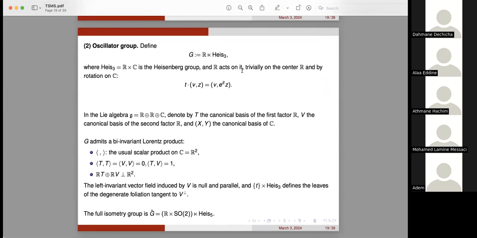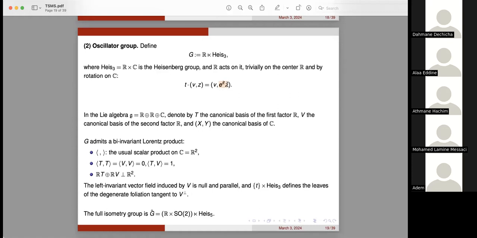So among these spaces, we have what we call the oscillator group. How is it defined? I consider a Heisenberg group of dimension 3, extended by R. So how does R act on Heis 3? It acts trivially on the center of Heisenberg, and it acts by a rotation on the quotient of Heis by the center.